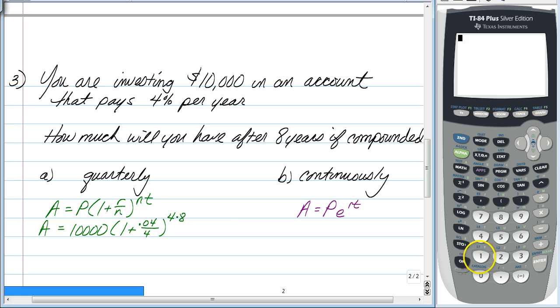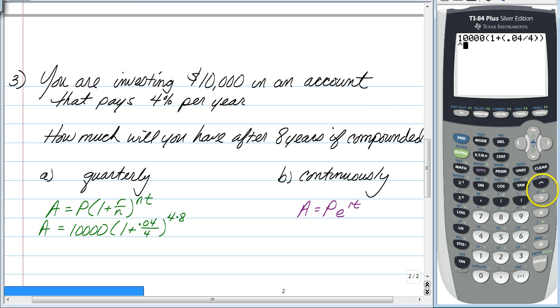So we're just going to say 10,000 parentheses 1 plus new set of parentheses 0.04 divided by 4, close your parentheses for the rate over n, close your parentheses for the 1 plus r over n.